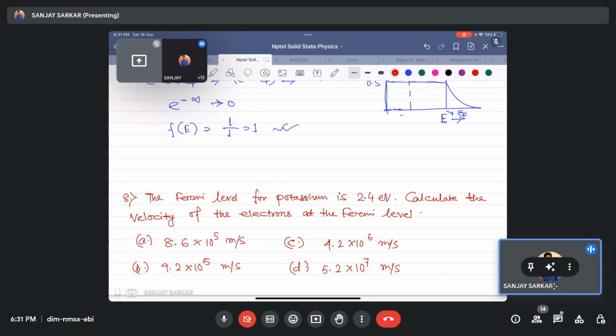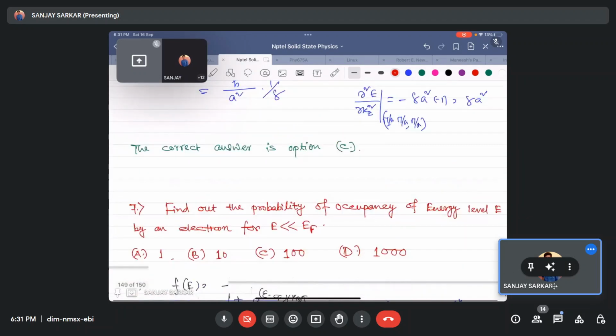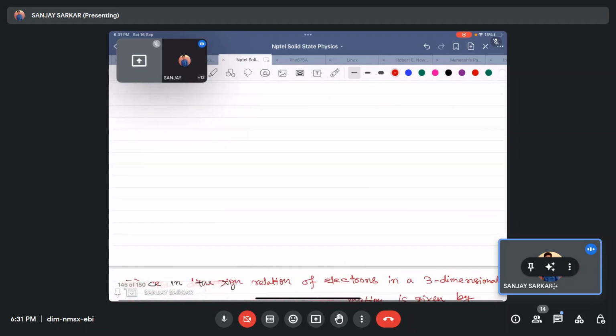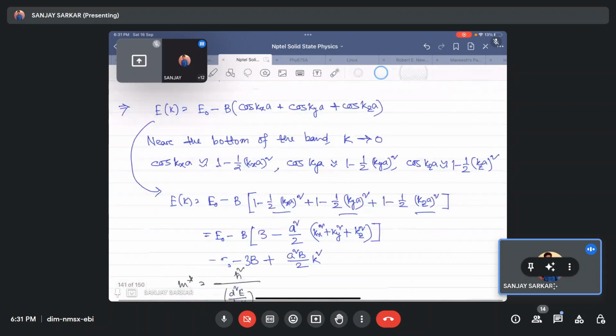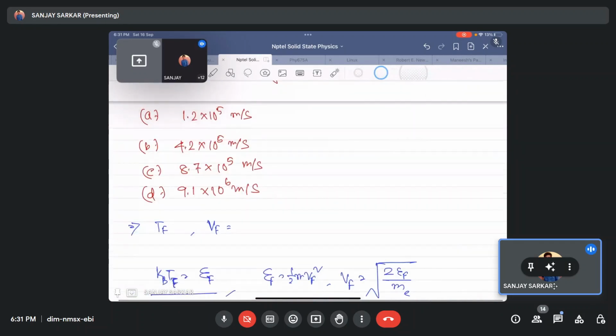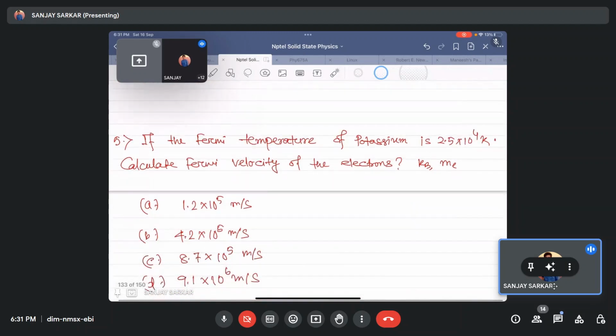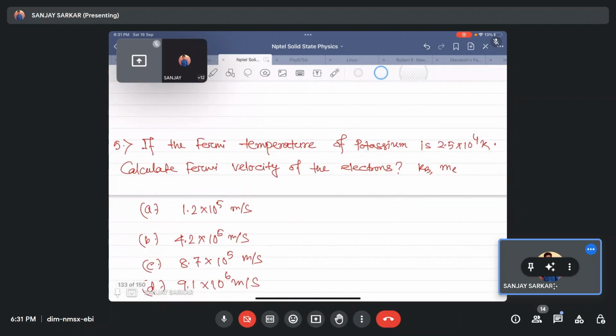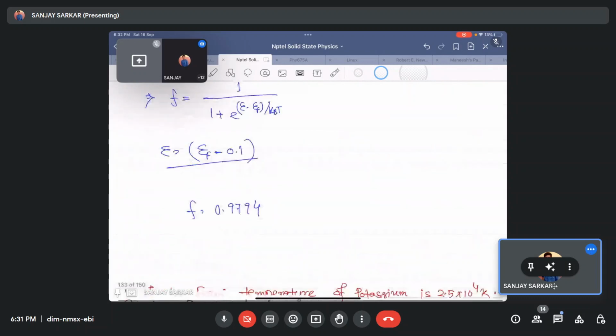Fermi energy is given. I hope this question was not solved in the last class, because this kind of question we solved in the last class, but let's see. This was from Fermi temperature.